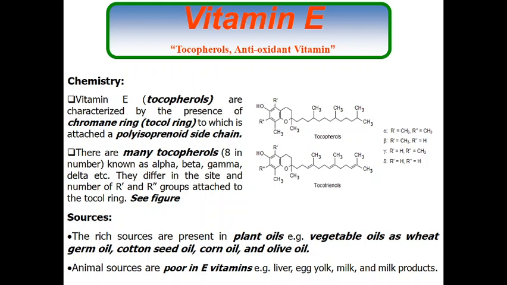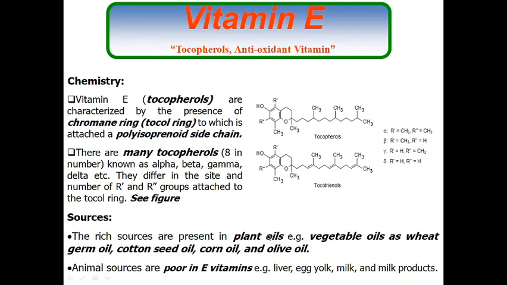It is present in the plant oils to protect such oils from auto-oxidation, or from oxidation by atmospheric oxygen. So vitamin E's main sources, or richest sources, are the vegetable oils present in the plants.